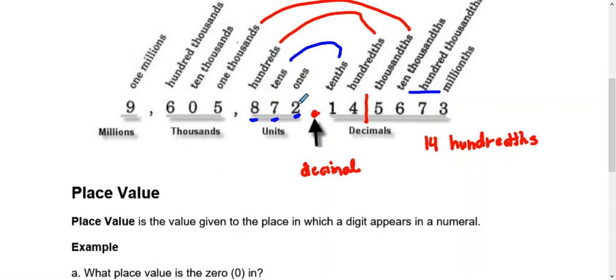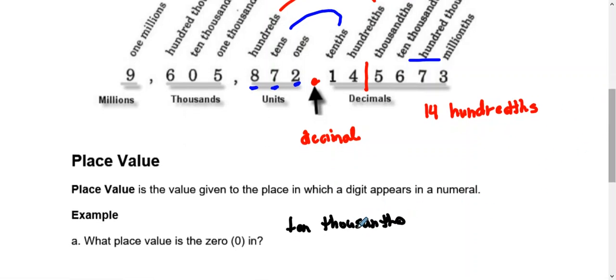Then I can work backwards and count ones, tens, hundreds, thousands, ten thousands. I can say that's the ten-thousandths place value.